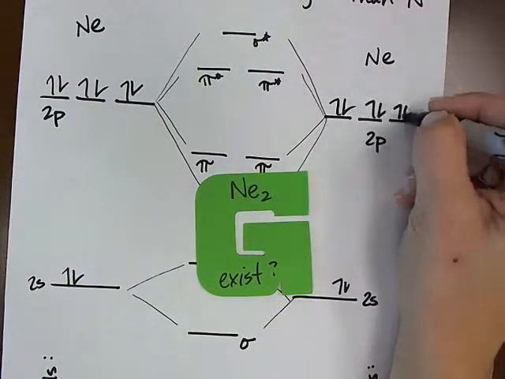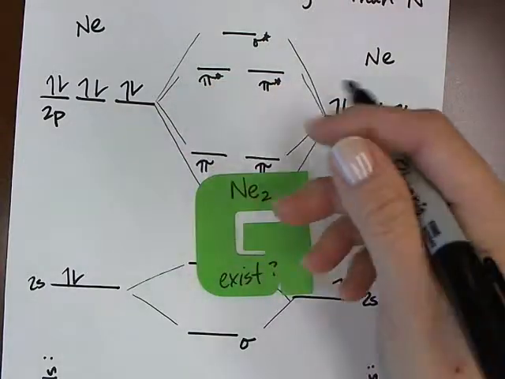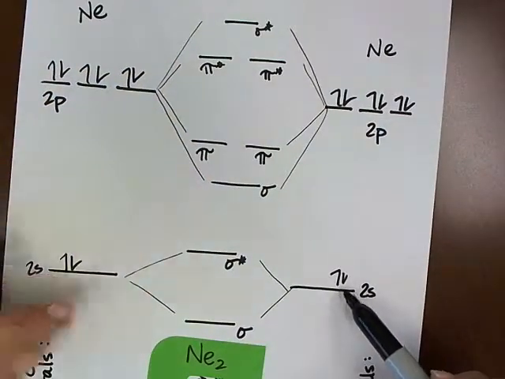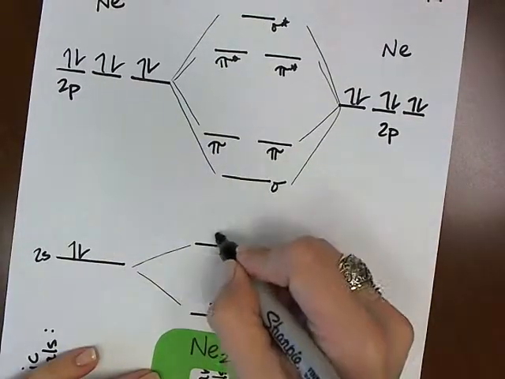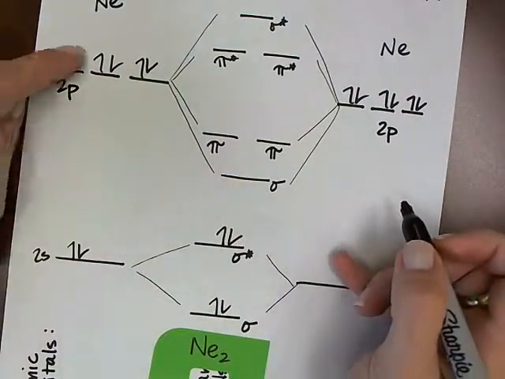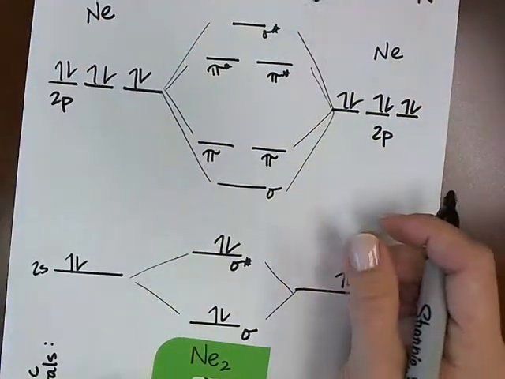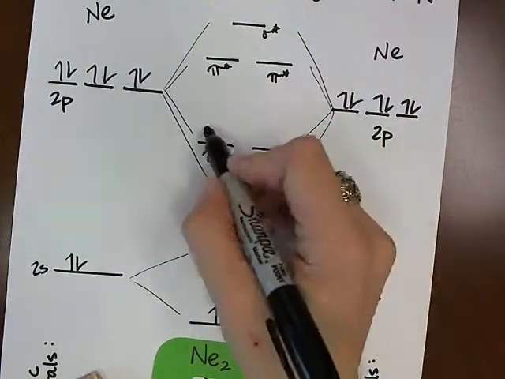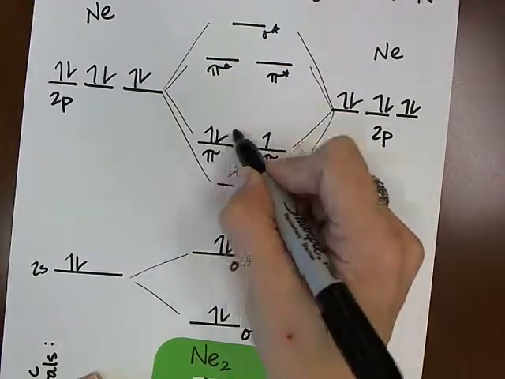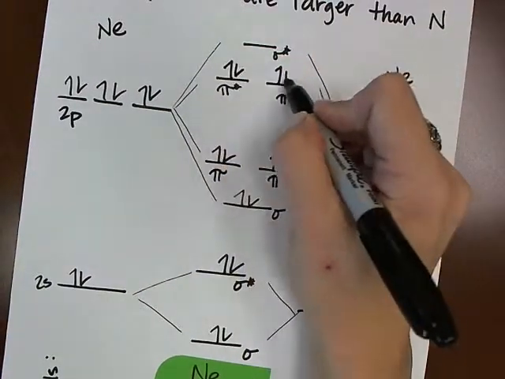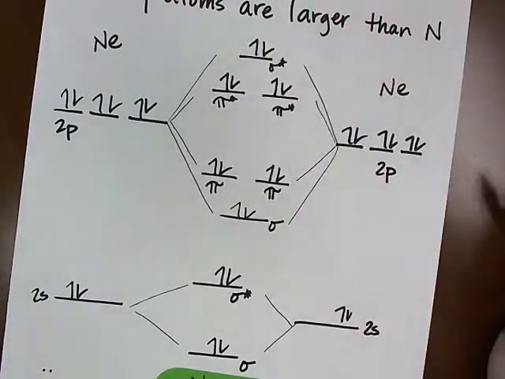So a total of 8 valence electrons for each one, and then we're going to dump them into these molecular orbitals. 4 electrons, and I've got 6 here and 6 here, so I'm going to fill up from the bottom 12 electrons. 1, 2, 3, 4, 5, 6, 7, 8, 9, 10, 11, 12.